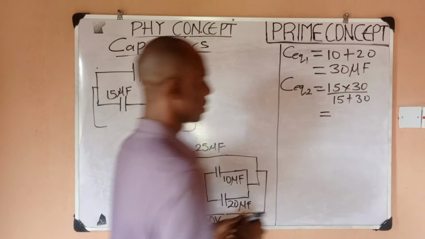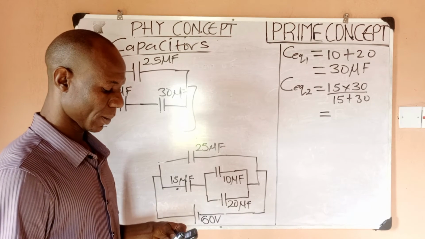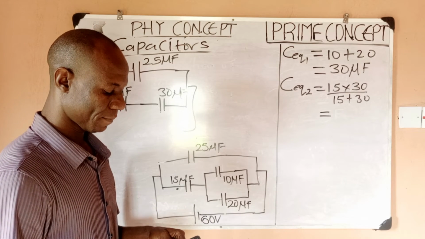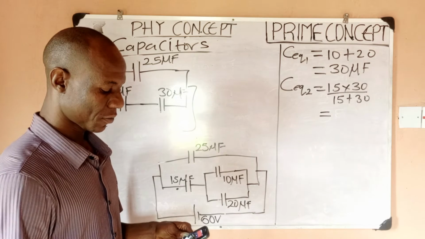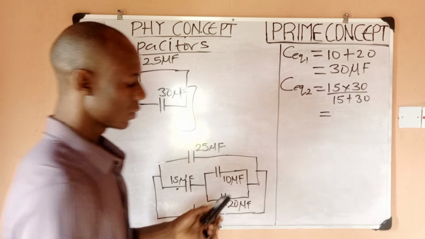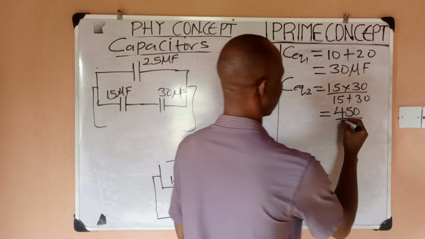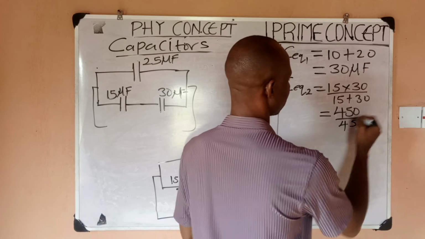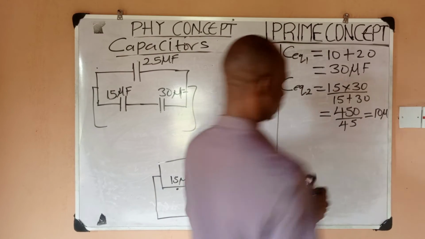So 15 times 30 gives me 450, divided by 45, which is simply 10 microfarad.